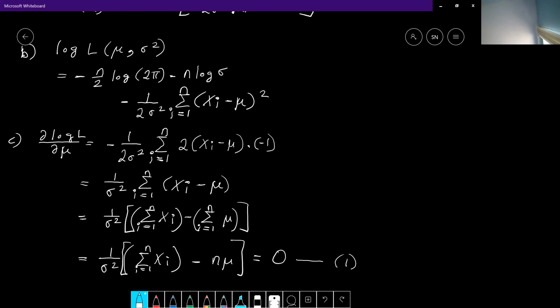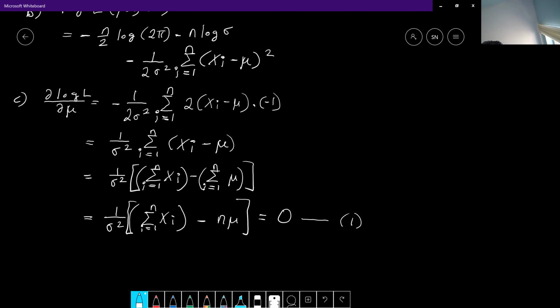Okay. Now we also need to do the partial derivative with respect to the second parameter, sigma squared or sigma. It doesn't matter which one you use.